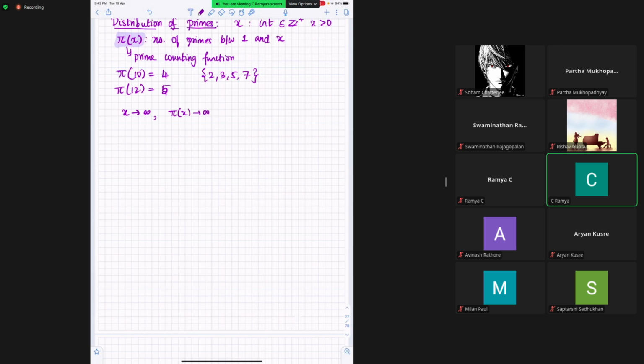You may or may not have seen this. Actually, I'm going to state it. What does the prime number theorem tell us? It tells us how many primes are roughly there between 1 and x, given any x. How large can that number be in terms of x?